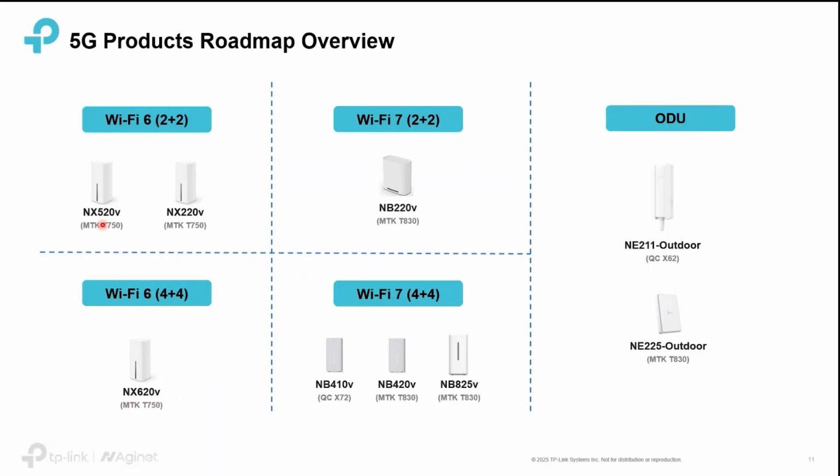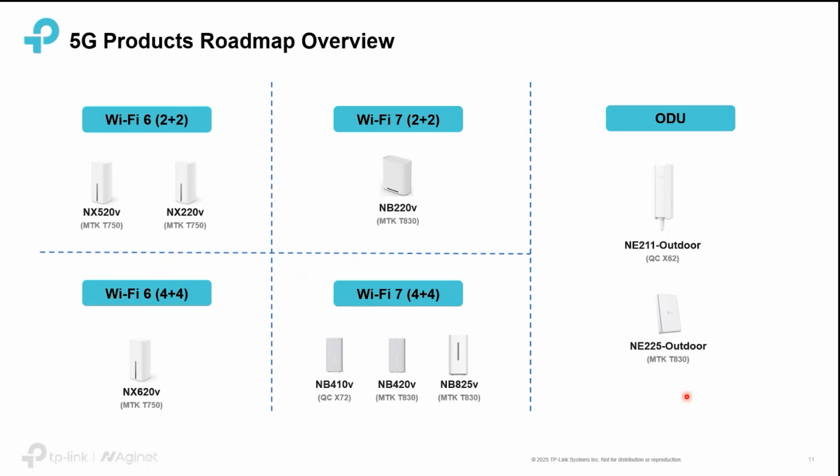So a key product we can see coming. And then on the Wi-Fi 7 side, we're releasing an entry-level 2x2 Wi-Fi 7. You saw the 4x4s, there's a couple of different variants there. And in fact, there is a tri-band, the MB825V, which is a tri-band 4x4x4 on Wi-Fi 7. But that entry-level 2x2 Wi-Fi 7 is certainly a solution we see coming into the market in the future.